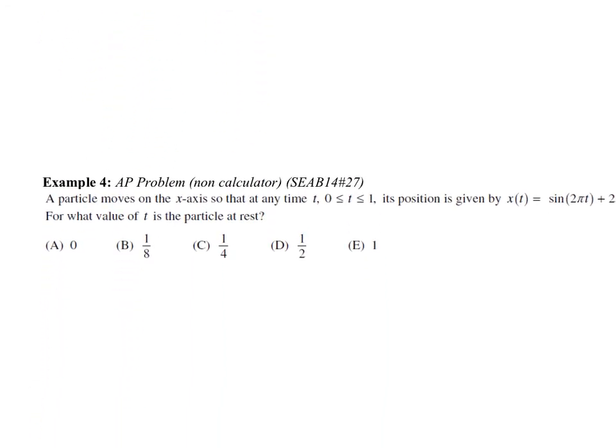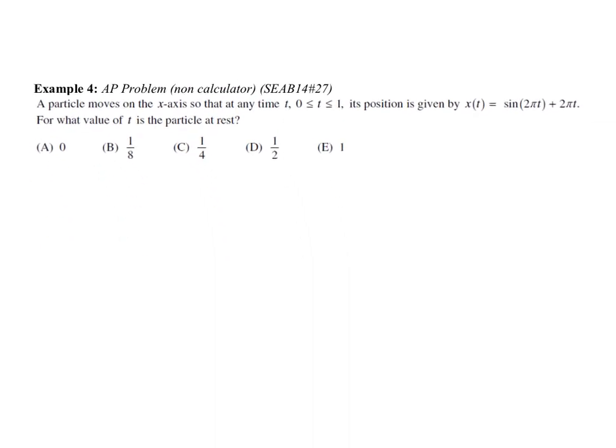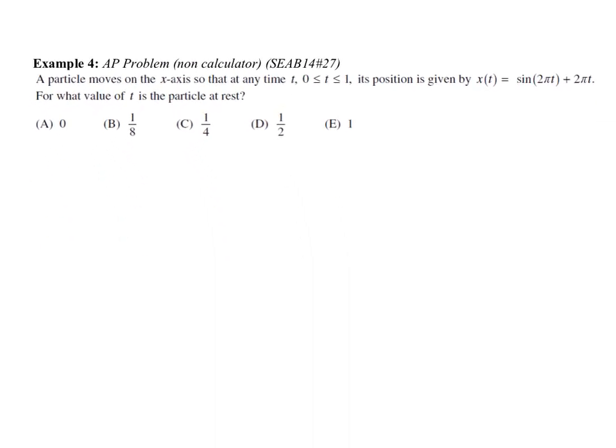All right, example 4. This is a non-calculator problem, and it says that a particle moves along the x-axis at any given time, t. From t equals 0 to 1, its position is given by x of t, and it asks for what values of t the particle is at rest.